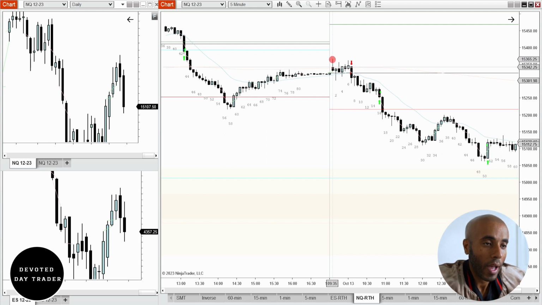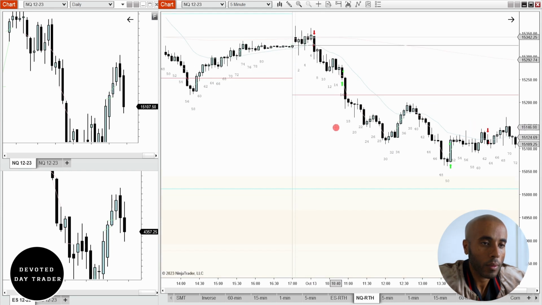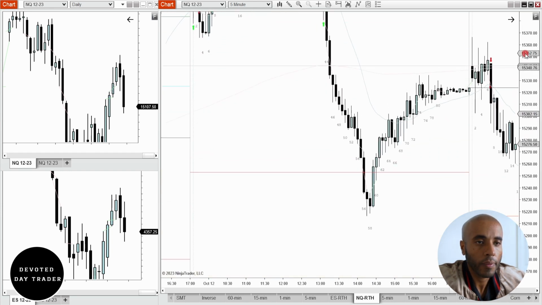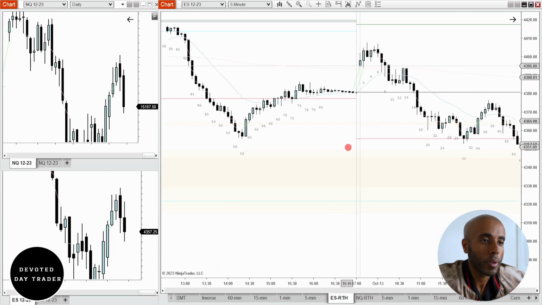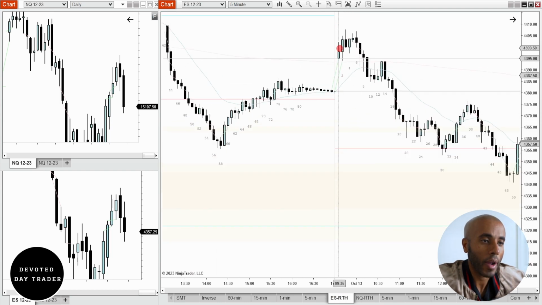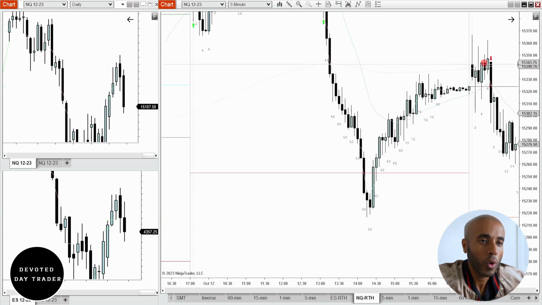So I noticed that at the 9:30 a.m. open, NQ put in a lower high in relation to the first candle of the day, where ES put in a higher high. So ES was going higher and NQ was going lower.